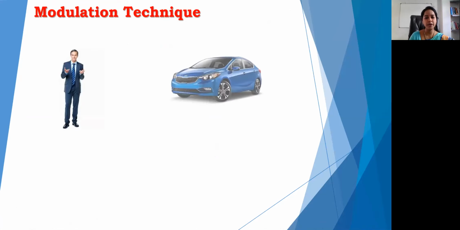So this is a person who is residing here, and he is your input signal. Okay, and he doesn't have any vehicle to travel a long distance, so he is just frustrated. So what we have done, we have given him a carrier, a good vehicle to carry him a long distance.